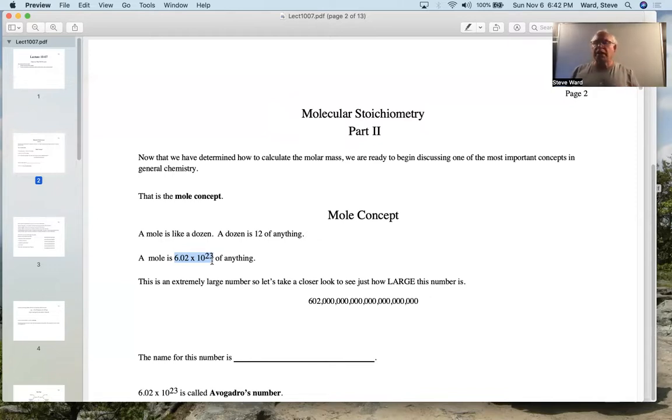So if I were to take that number out of scientific notation, what would I do? I'd write 602 followed by 23 zeros, right? And you're saying, no, that's not right. Because I had to move it 2 places to get it to the end of the number. So it's 602 followed by 21 zeros.